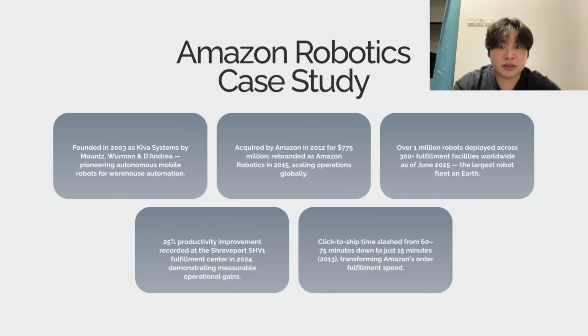The system achieved a 25% productivity gain in shipping, and reduced the click-to-ship time from 60 to 75 minutes down to 15 minutes. An important note: A star decides which cells to move through, while linear algebra describes where the robot actually is.